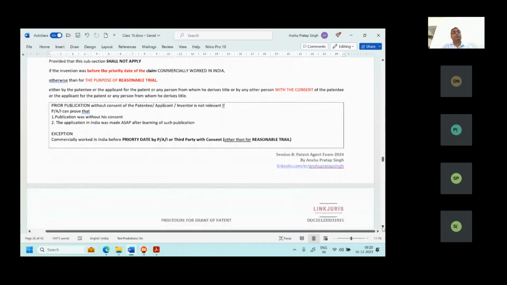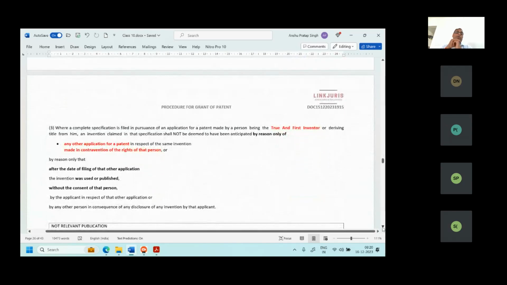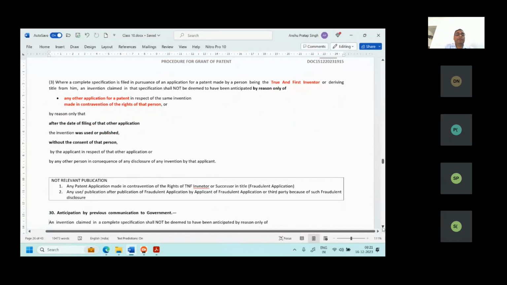Okay, so this is the wrongful disclosure. You can understand it as a wrongful disclosure. Then comes another one, 29. It says that if any patent application or publication has been made in contravention of the right of the true and first inventor or successor in title, that means any person who derives the title from them, then for our understanding we are referring to it as a fraudulent application.